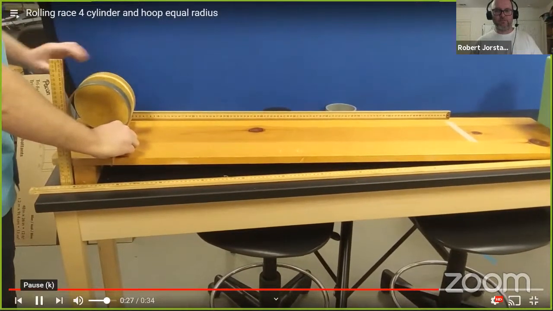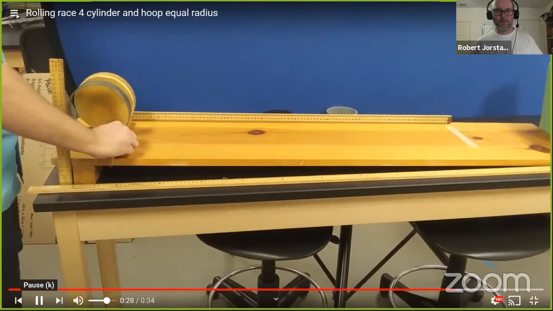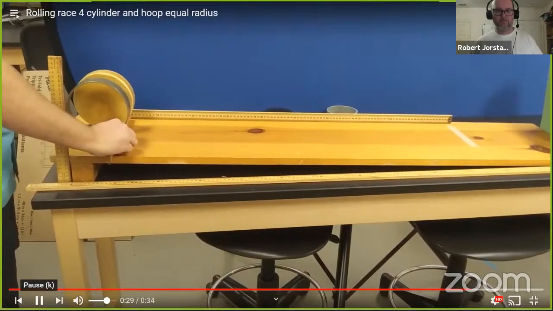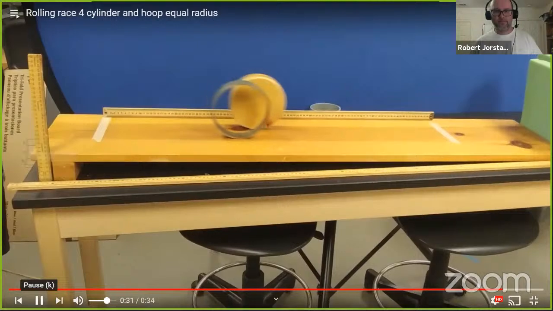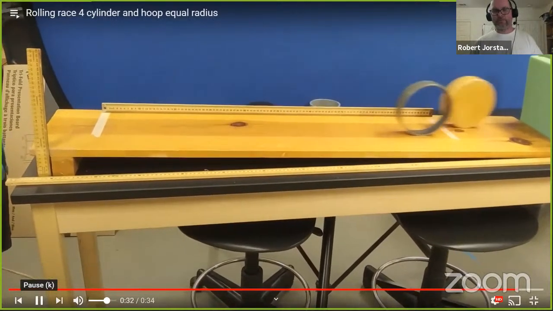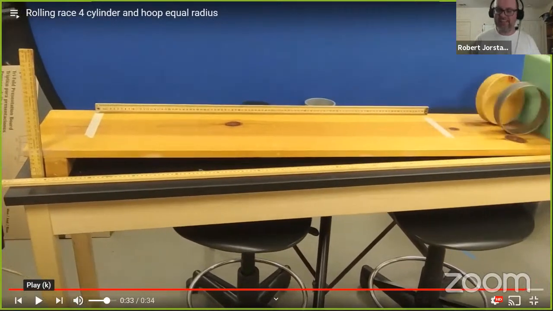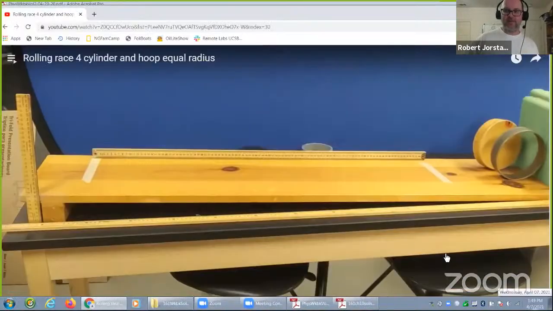Sorry, it's in slow-mo. Even though I let go of the ring first, the disc still beat it. Did you see that? I let go of the ring first by accident, despite my best efforts, and it still got beat by the disc.